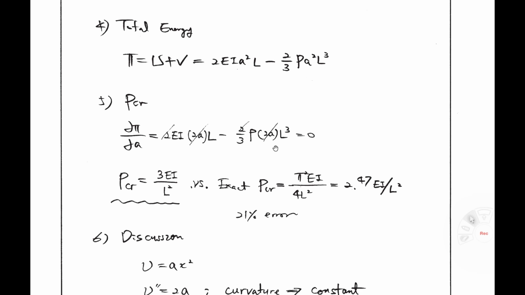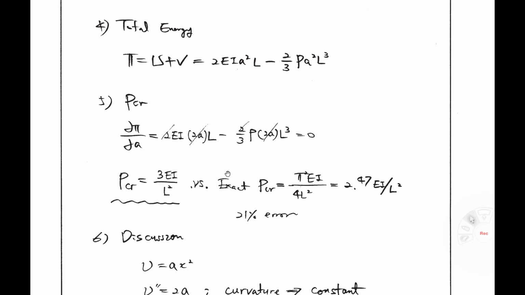So 2a, okay, L cubed, like that. That must be 0. From this equation, you can get PCR. PCR equal the resulting, the one is 3EI over L squared. So exact PCR equal, as you know, pi squared EI over 4L squared, right? That is the exact value. If you use the differential equation, you can get this PCR, right? But when we use the energy approach, you can get this value.